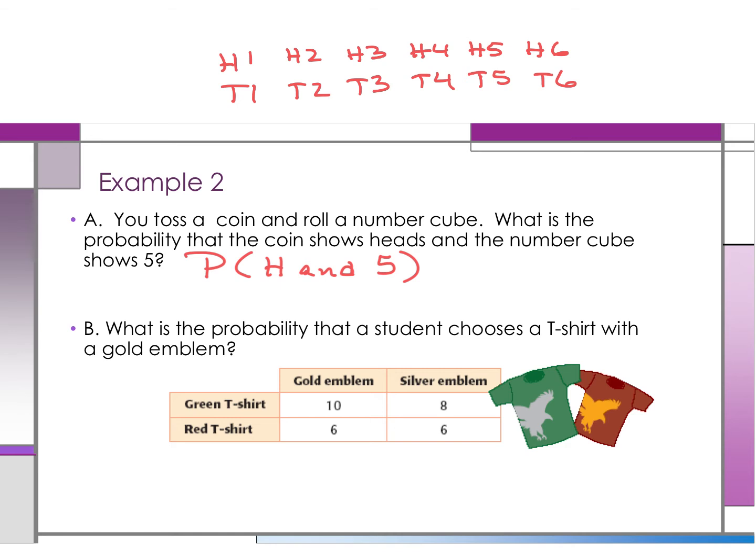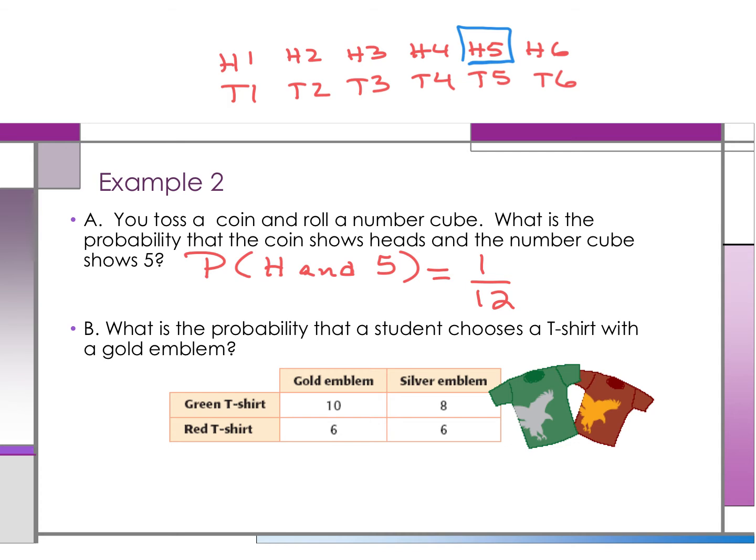So remember, the denominator is the total number of outcomes. The numerator is what you were trying to get, and we were trying to get a head and a 5. There is only one time in this list of outcomes that will occur, so this answer is 1/12.